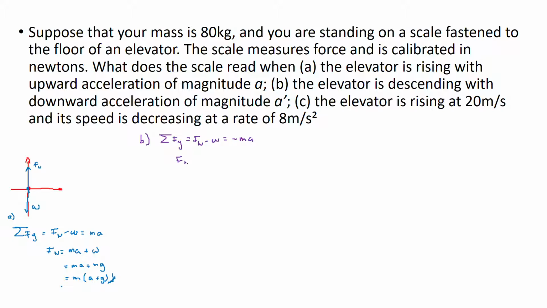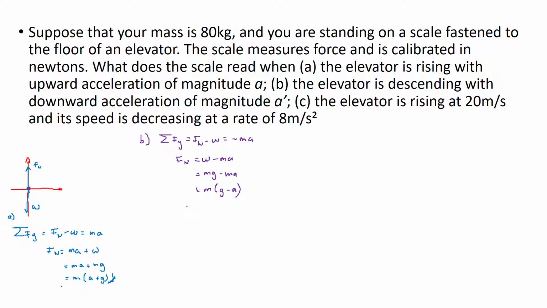So the normal force is going to be the weight minus mass times acceleration. So this would be mass times gravity minus mass times acceleration. So this would be mass times gravity minus acceleration. Okay, so this is very easy.